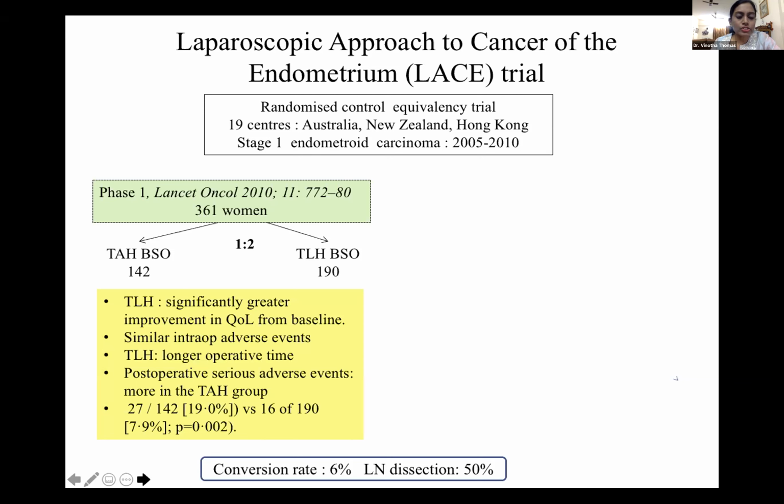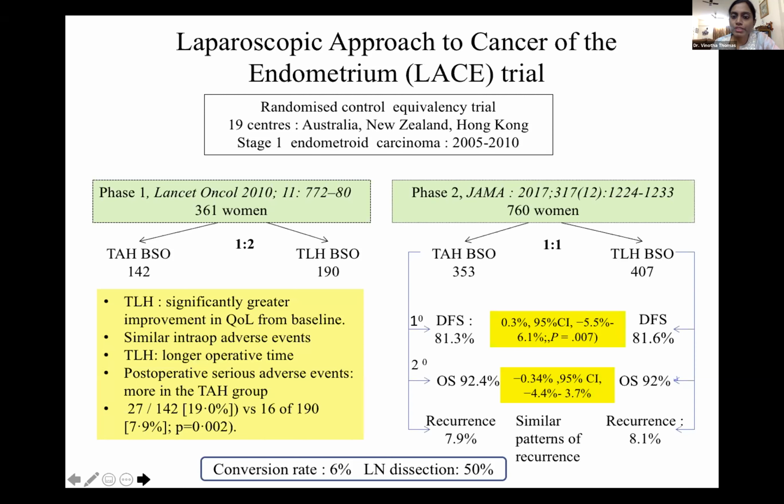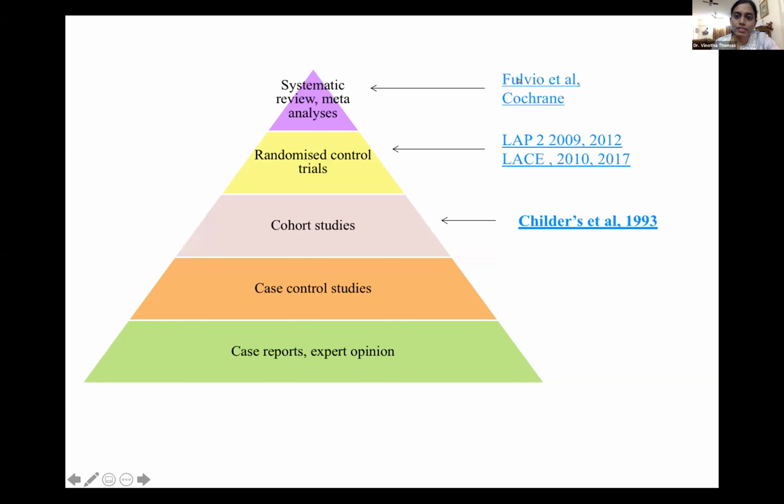Phase 2 of the trial was published in 2017. In phase 2, they randomized at a 1:1 ratio to the laparoscopic arm and the laparotomy arm, and showed similar disease-free survival and overall survival with similar patterns of recurrence. Subsequently, systematic reviews and meta-analyses came.